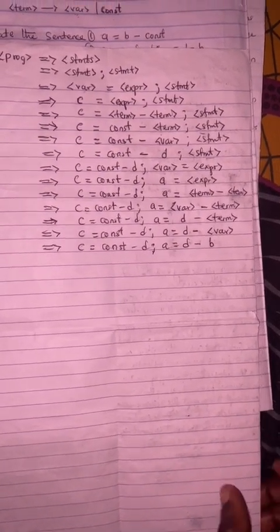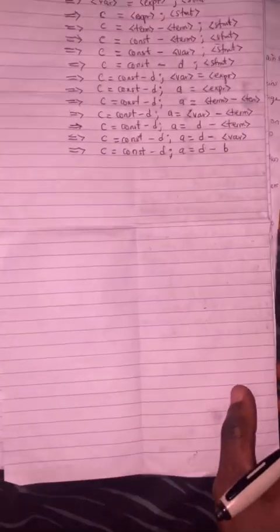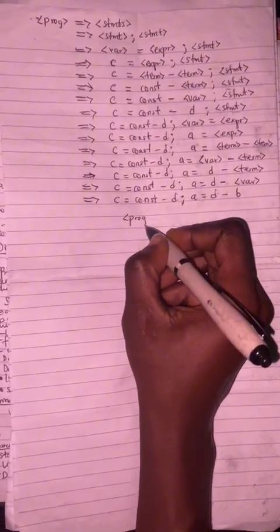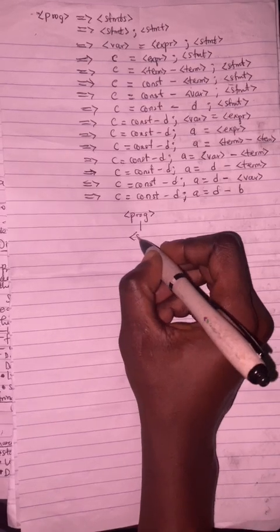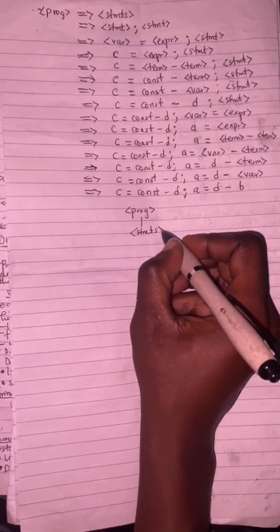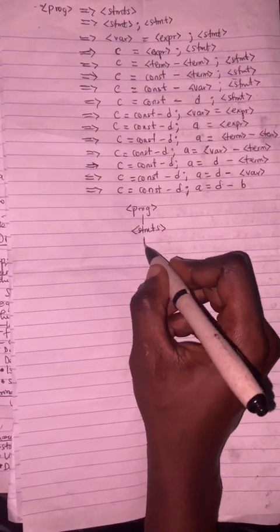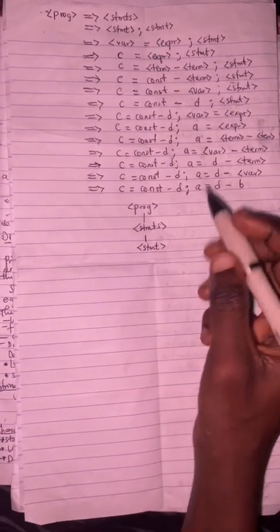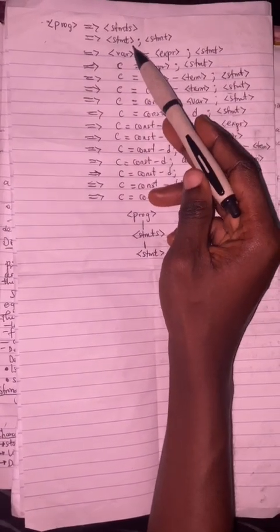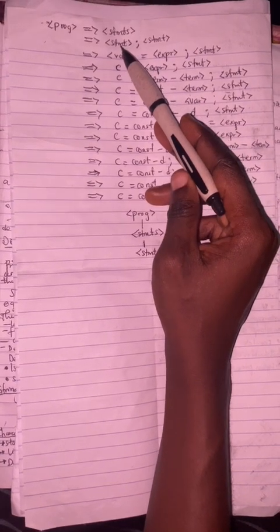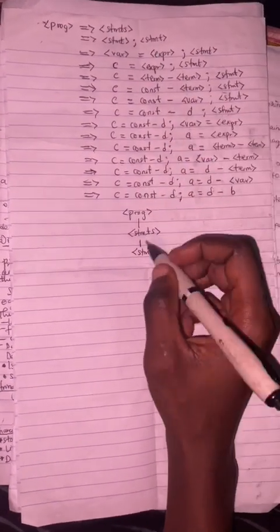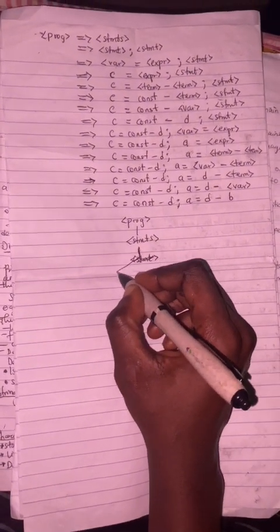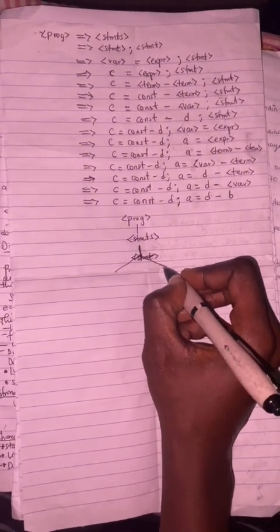Next up is to draw our parse tree. Just as we did it earlier, we'll start with our prog all the way down to statements, right? Remember, it's just like a tree, then statements without the S. Now at this junction, it's separated to statement, semicolon, statement. So let's not make that mistake. So from here we are expanding into two sides.